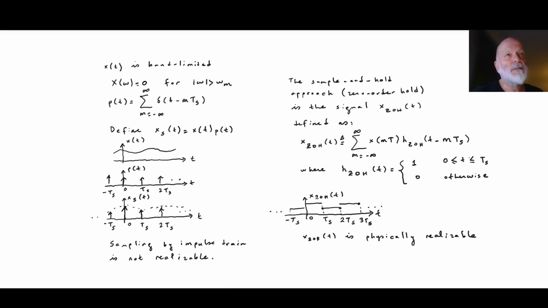This is our first question. And then we ask the following second question. Are we able to retrieve the original signal x of t from the signal x sub ZOH of t? So let us try to answer these questions.